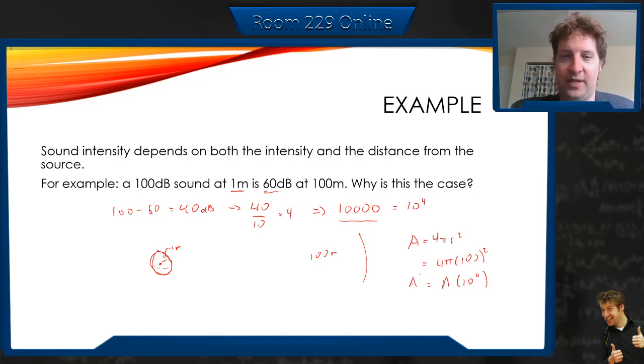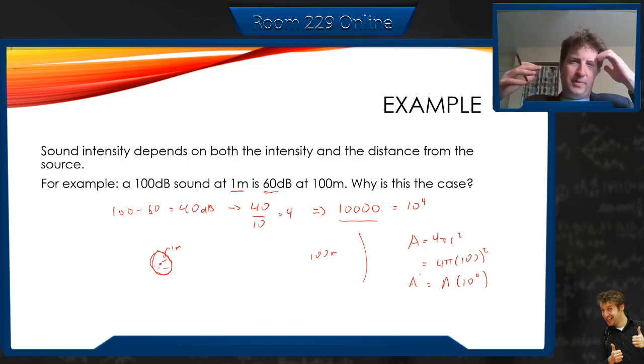Okay? So because my sound has expanded, that wave front has gotten so much bigger, it's decreased its intensity because it's stretched out. Think of it like a balloon. As you blow up a balloon, it becomes thinner. The material, the latex, gets thinner and thinner as it gets bigger and bigger. So same idea, the sound wave expands and it gets thinner and thinner.